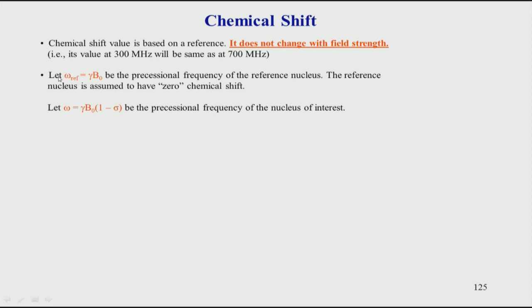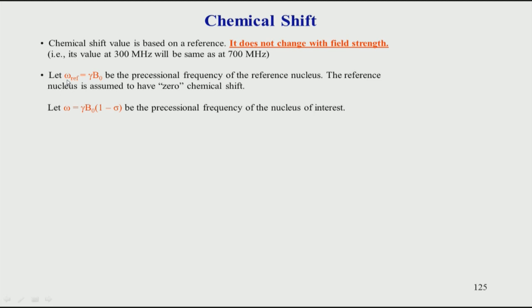But let us look at mathematically what we saw, how we calculate the chemical shift value. When you have an omega, let us take some reference compound. The reference can be any particular compound, we will see that later. Remember, it is an assumption, we force the reference to have a 0 chemical shift. That means the sigma value for the reference molecule is 0.